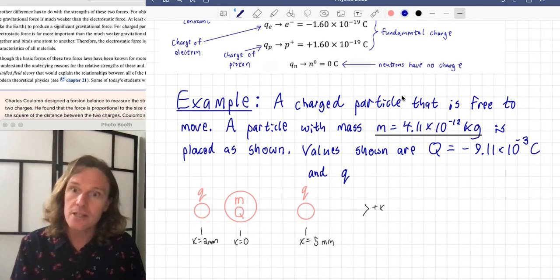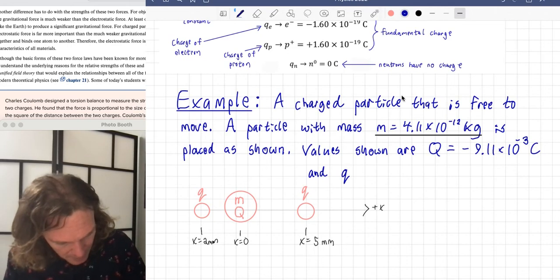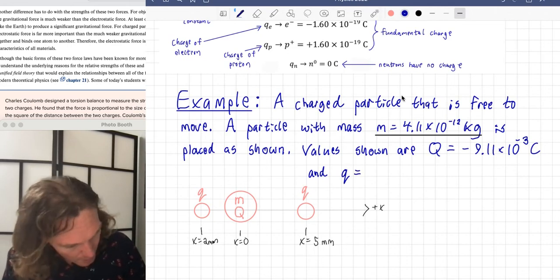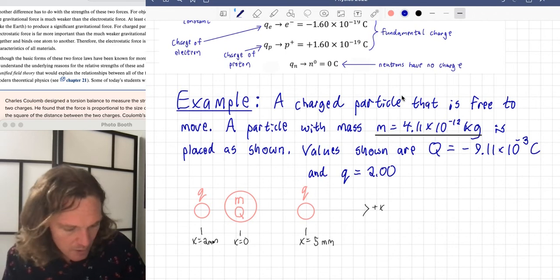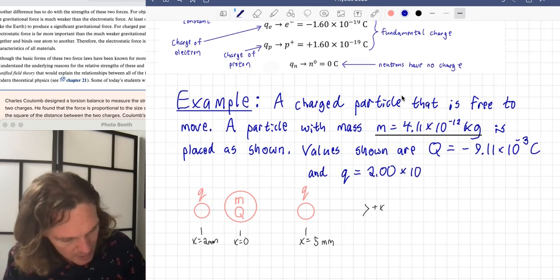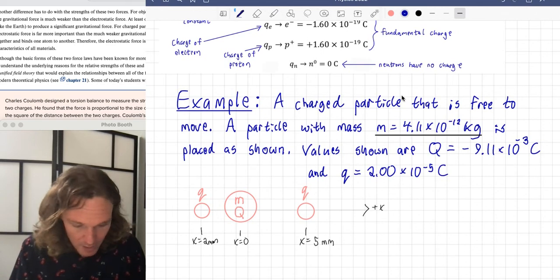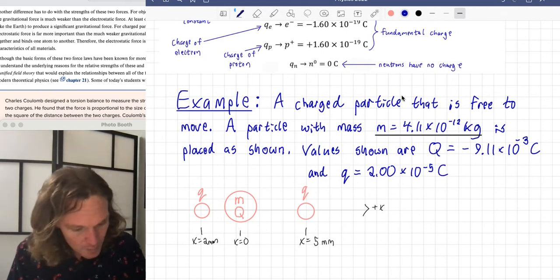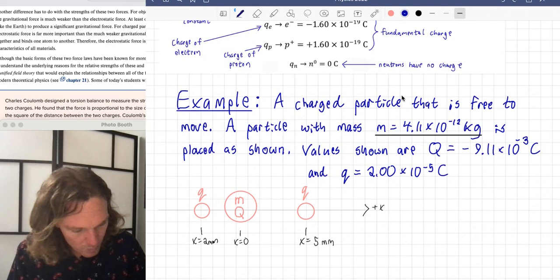The only one that we want to consider moving is the middle one. And then q is going to be 2.00 times 10 to the negative 5 coulombs. So quite a bit weaker. Very good. And we've got our millimeter distances, with distances showing.